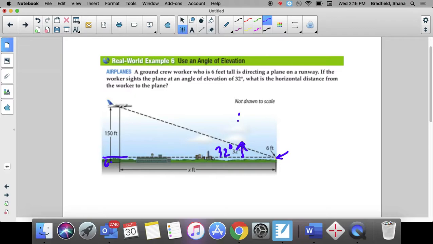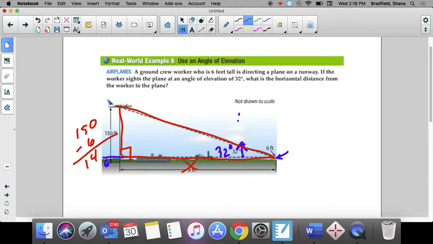If we're looking at our triangle, and this is going to be our right angle, we want to find x right here. We're going to have to take 150 minus 6, which is 144 feet, and use that to solve for x.